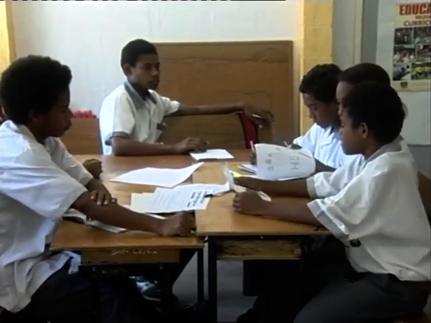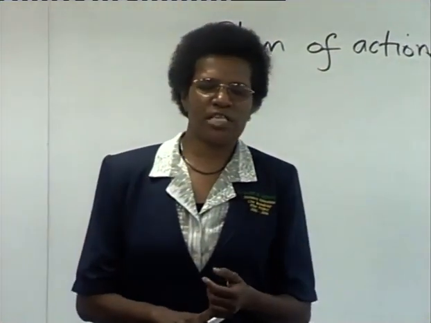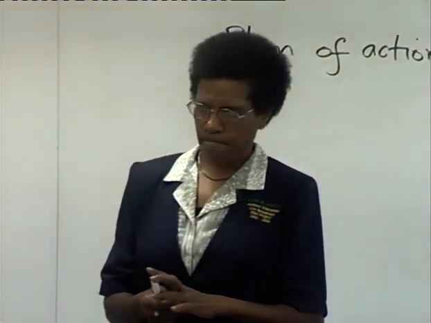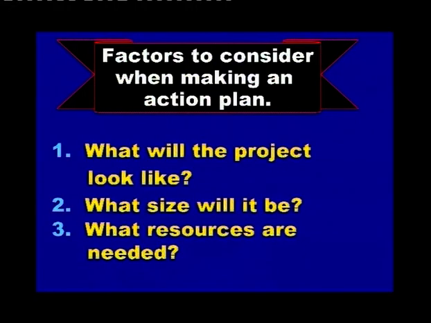Now, I'd like Aloysia to tell us the first factor that we have to consider. What will the project look like? Good, thank you. The second one, Shane. Second factor. What size will it be?